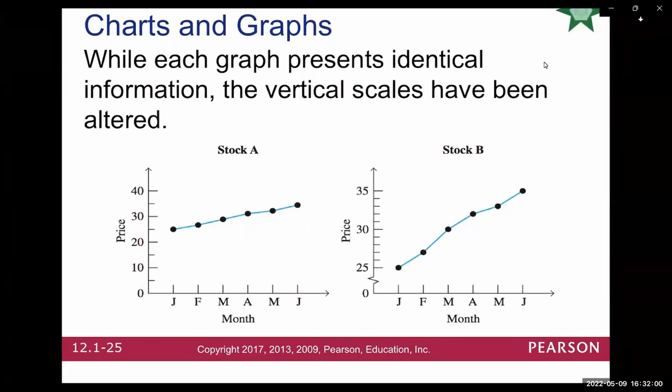This one, notice this squiggly line? That means it just jumped, and we don't really know the scale here. We just know that it's going from 25, 26, 27, 28, 29, 30. So now they're going by ones. This one's going by ones, but they jump. And this one's going by fives without a jump. So this is the same as this, but they look different.